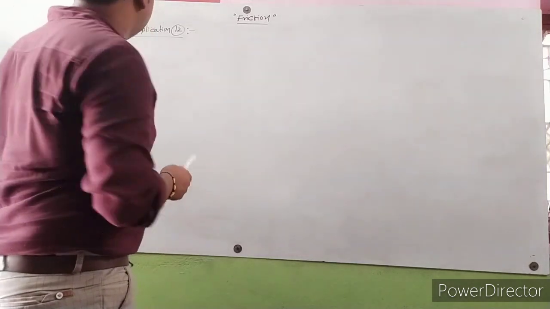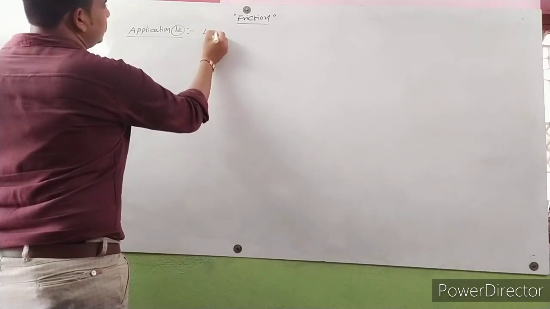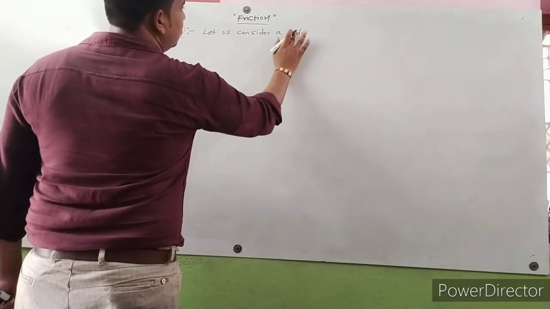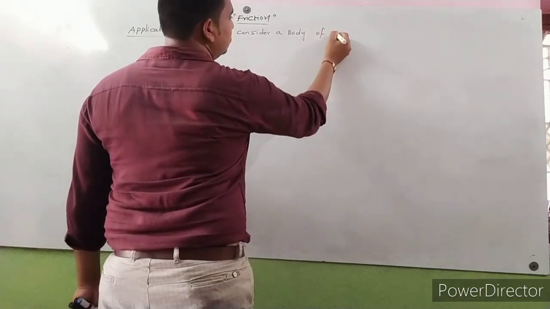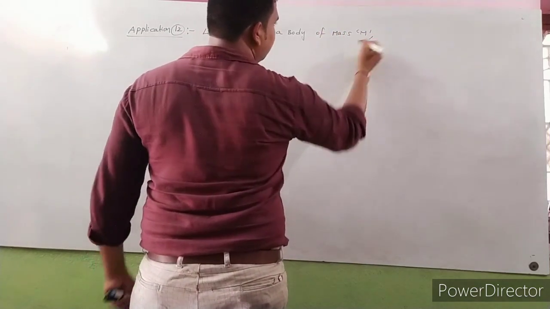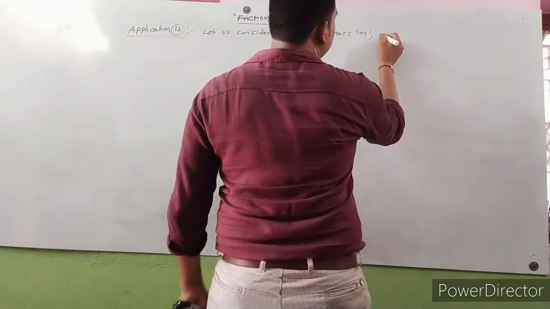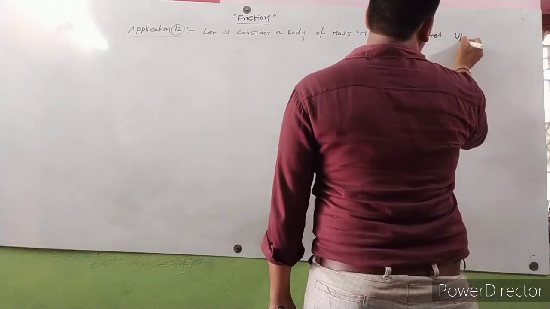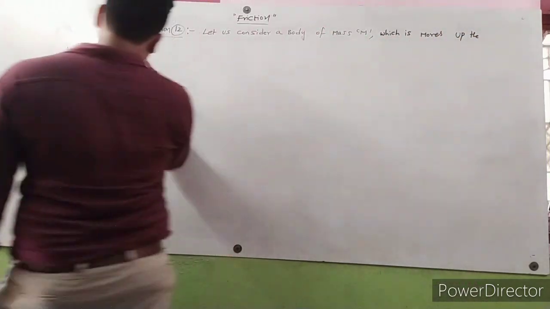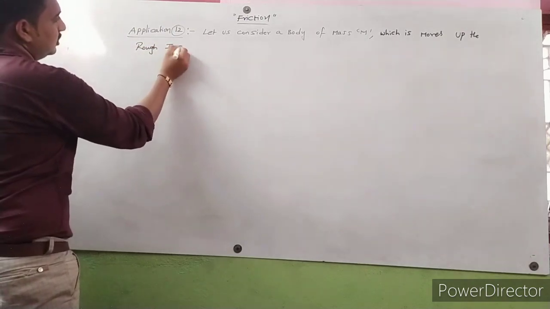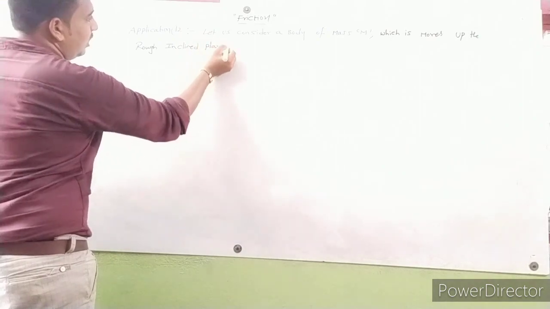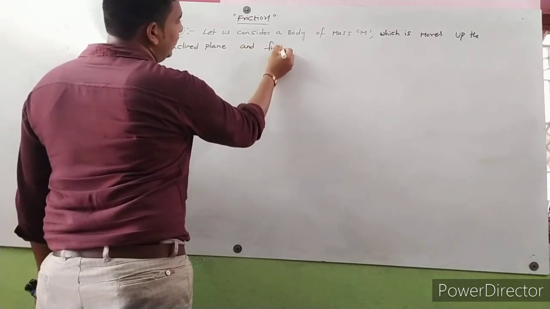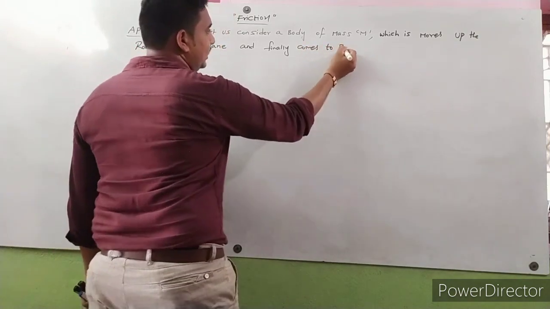Application number 12. Let us consider a body of mass m, which moves up the rough inclined plane and finally comes to rest.